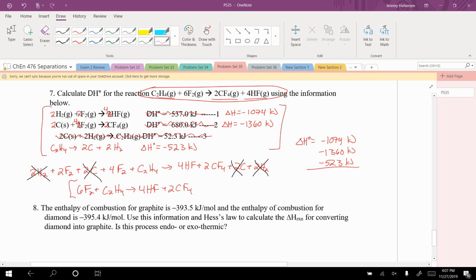And that gives me 2486.3. Hopefully that is correct. Yep, looks like it is. So the delta H naught of this reaction is negative 2486.3 kilojoules.